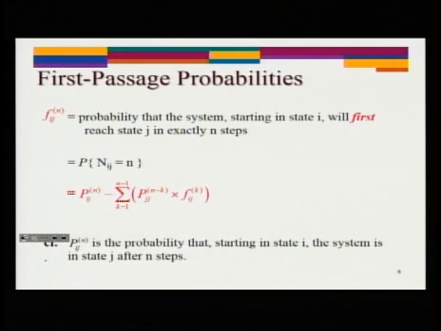Of course, starting from state i. Okay? And recall that P sub ij is the probability that you start from state i and the system will be in state j after n steps. Okay?